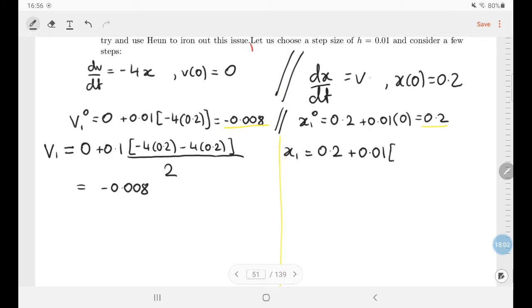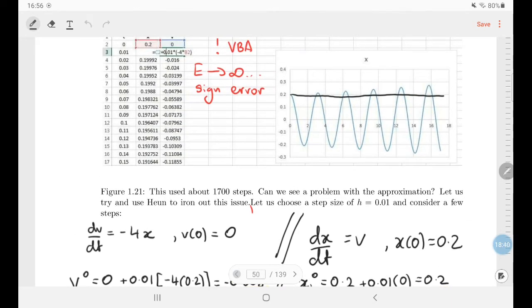The slope of x is v, so the previous v value is 0, plus the predicted next v value, over there on the left, underlined in yellow, minus 0.008. And this is different to what the Euler method said. So we're getting 0.2 plus 0.01 times minus 0.008, oh, I forgot to divide by 2, divided by 2. So I end up with 0.19996. Is that different to what we had with Euler's method?